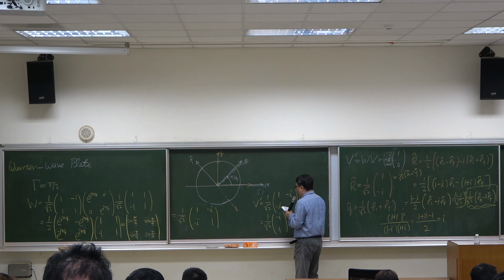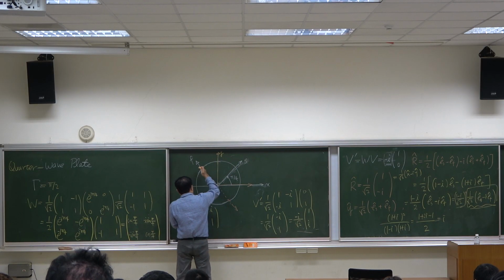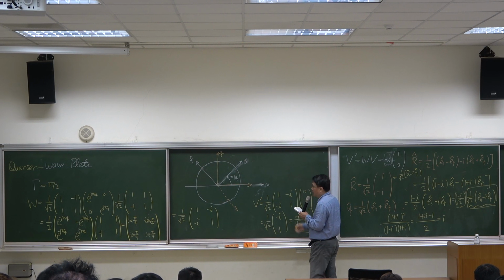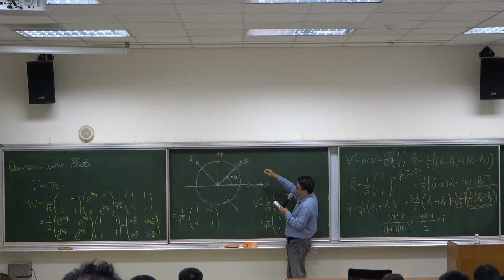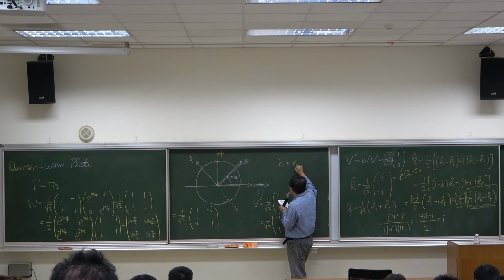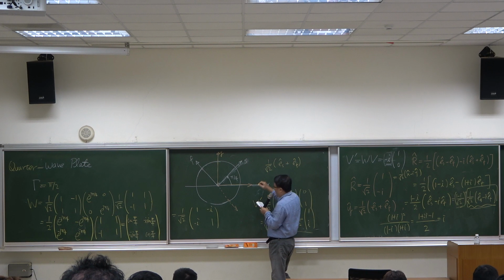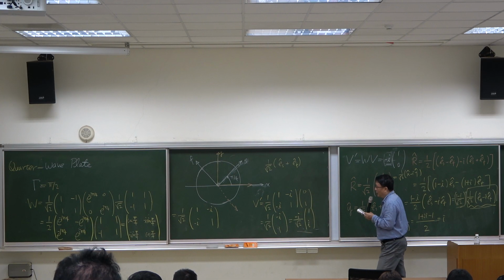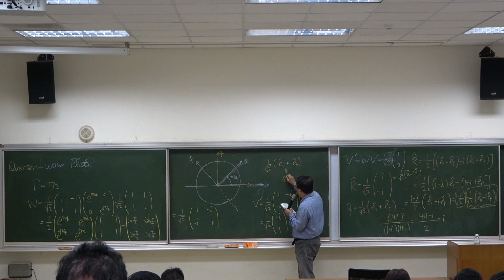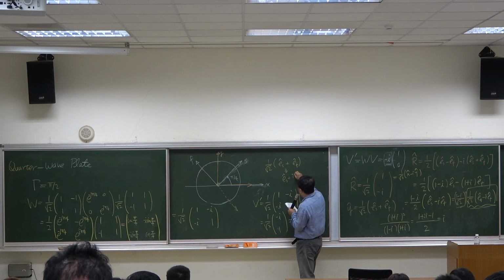Okay, so a quarter wave plate changes the relative phase between these two components. Originally we have ES plus EF times 1 over square root 2. And finally we have this, ES plus I EF.